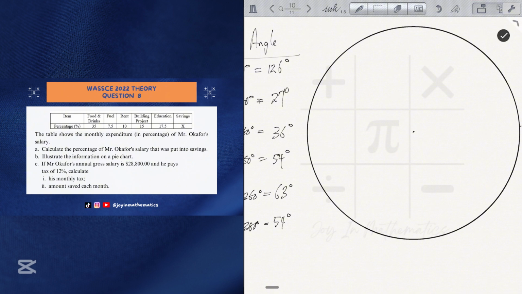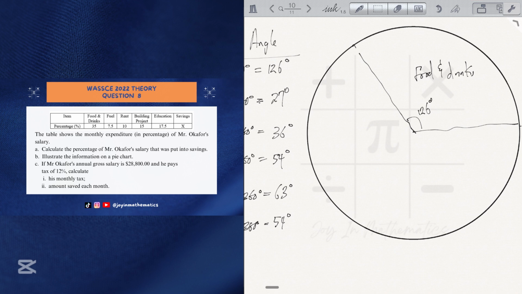We're going to move in the anti-clockwise direction starting from this region. So 126 degrees ends about here. This 126 degrees is equivalent to food and drinks.